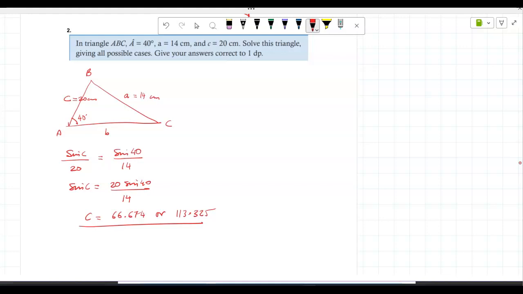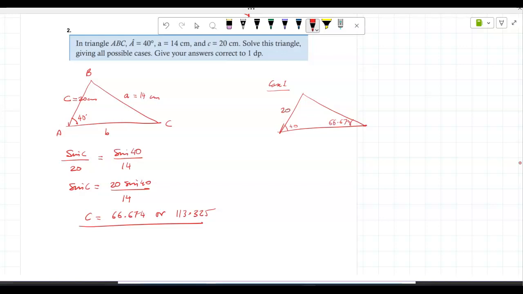So now what we'll do? We'll take two cases. Case 1, when C is acute. I'm drawing the diagram again. So this is 40, correct? This will be 66.674.